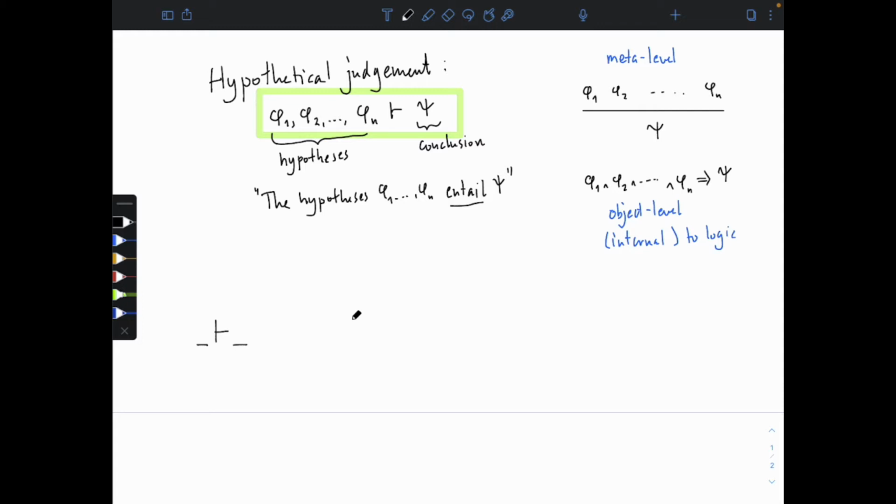The way that we should think about it is when you have a judgment, you think of it as a type whose elements are all the ways of deriving that judgment. So this is going to be an inductive data type that tells us how to derive judgments. So let's have a look.